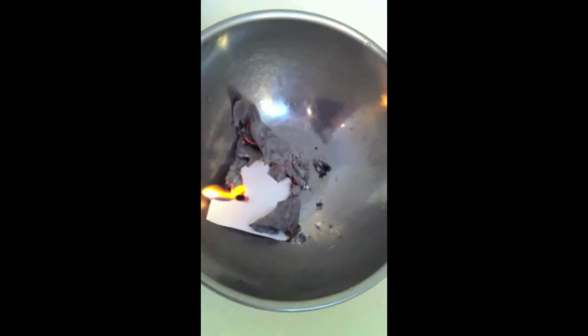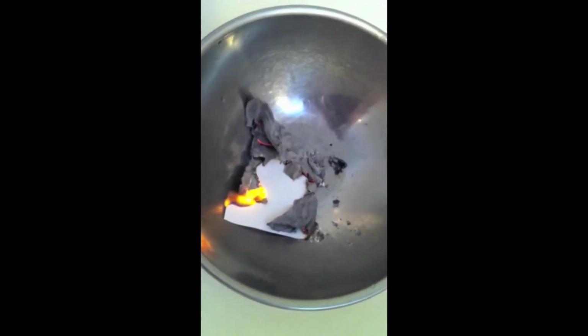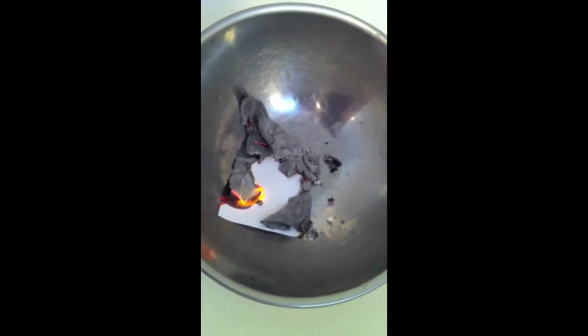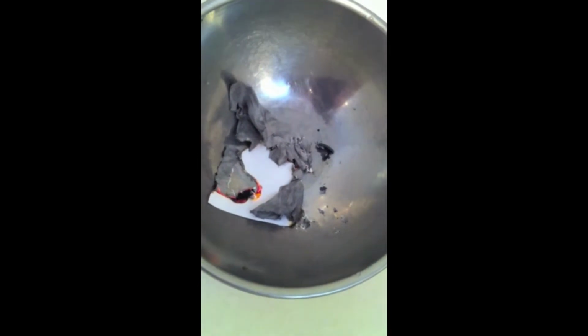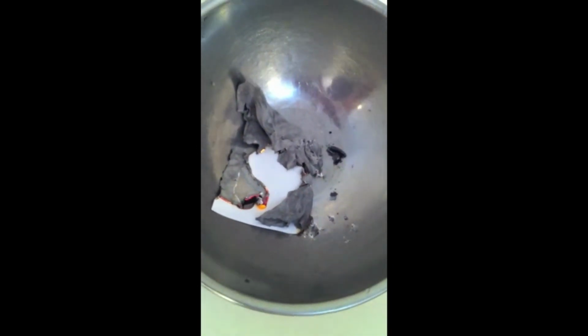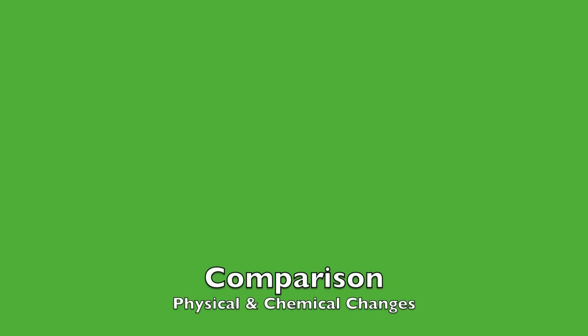These ashes are a totally different substance from the paper. This happens because burning of the paper is a chemical change, and chemical changes form entirely new substances, like the ash. Now, because we looked at physical and chemical changes, let's see how they actually differ, and how their unique properties are different from each other.